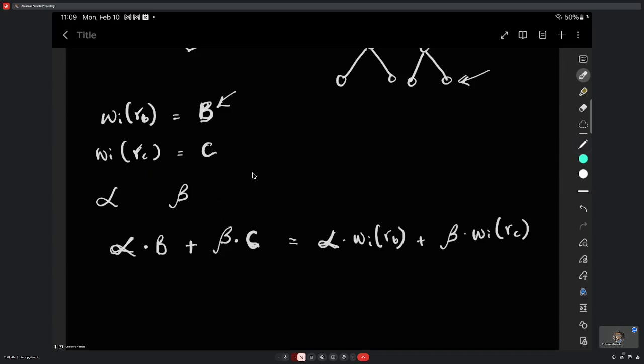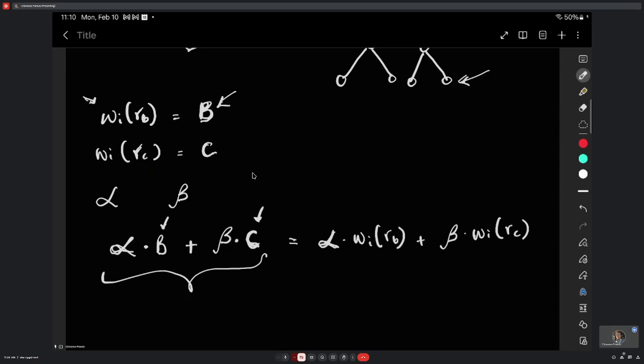this B and C are constant values, which is basically just the evaluation of this polynomial. So any result we get here should be equal to us just multiplying this polynomial that gave B by alpha and then adding it to the polynomial that gave us C, multiplied by beta.